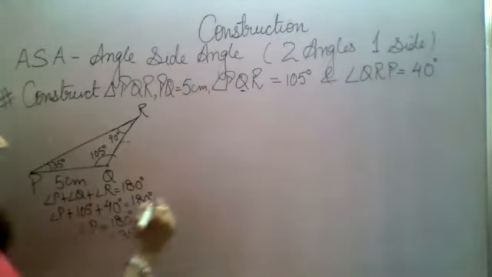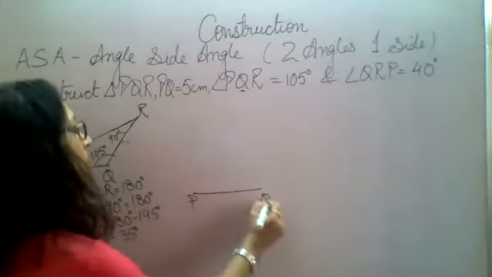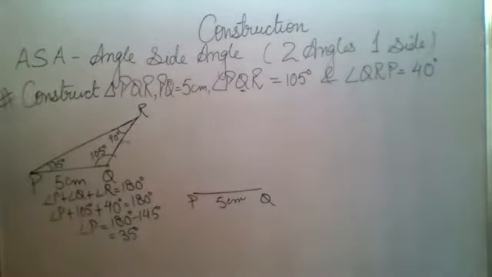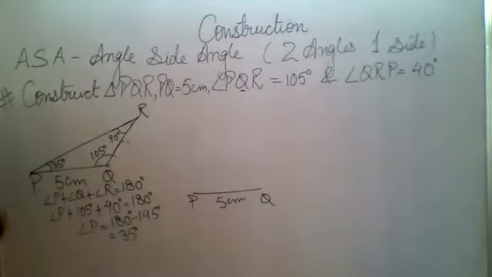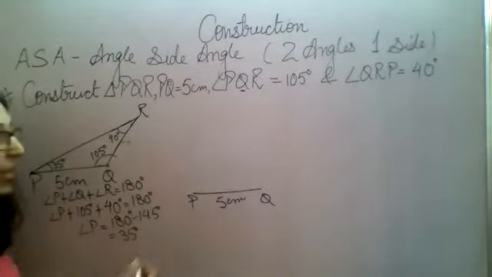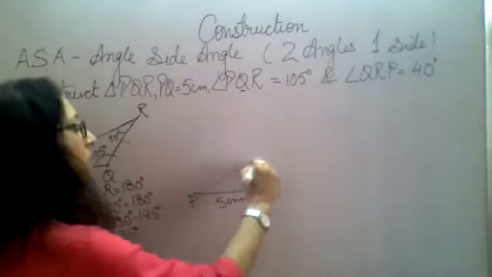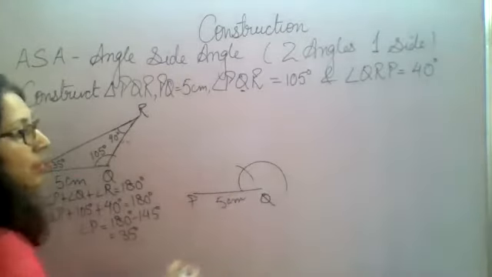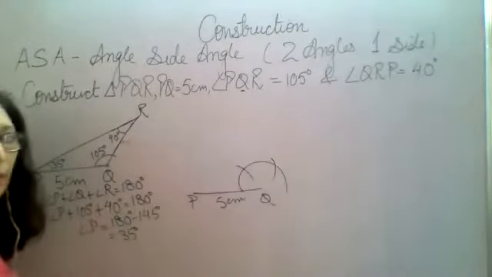So first I will draw PQ equal to 5 centimeter. And 105 is multiple of 15. So it will be drawn using compass. So as I told earlier, take appropriate radius. This is basic arc with 0 degree, with the same radius, 60 degree arc. Then from 60 degree, this is 120.